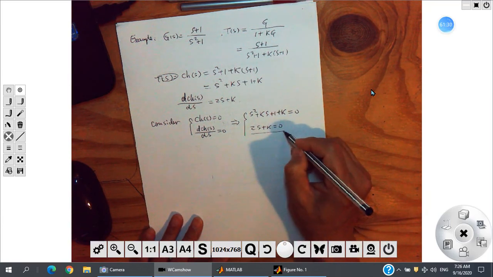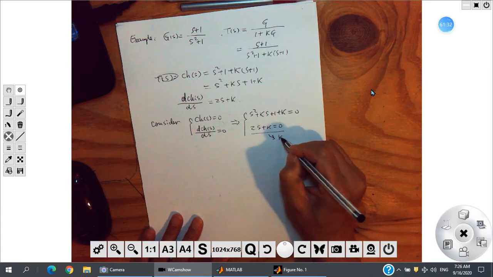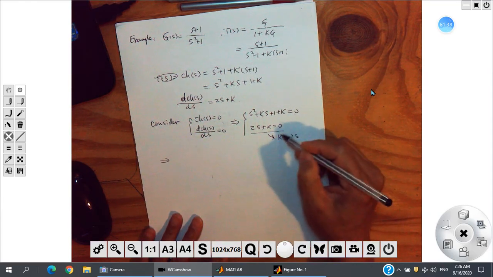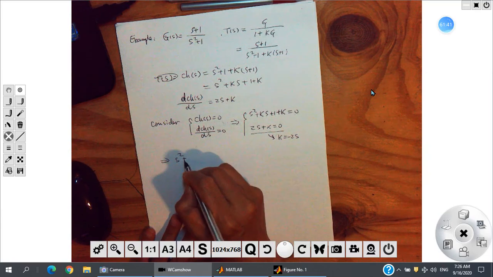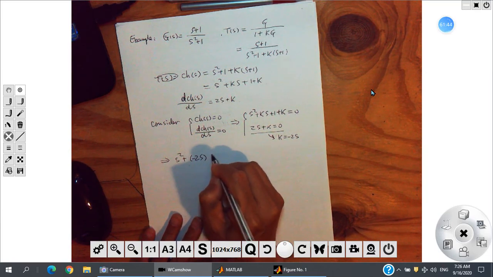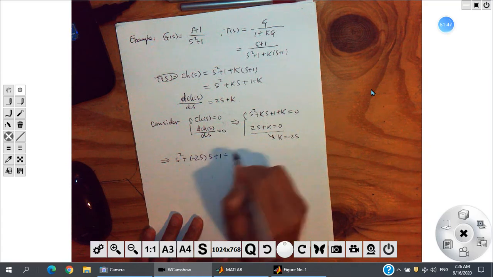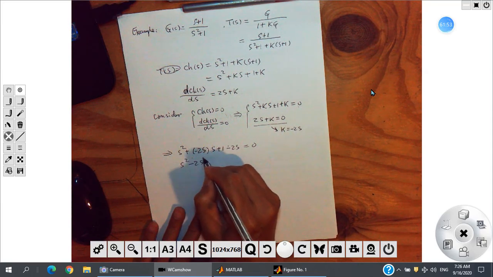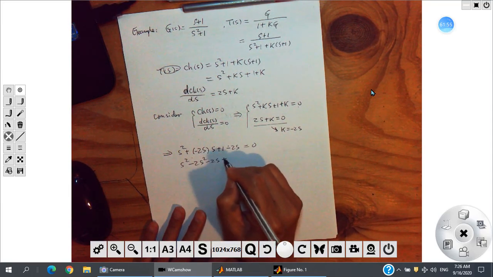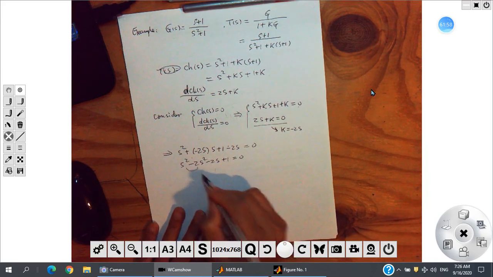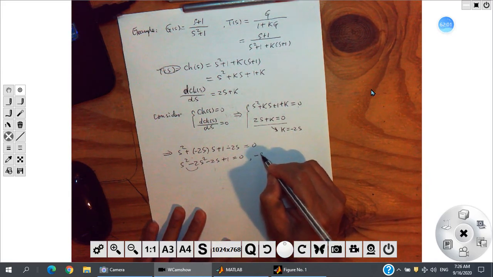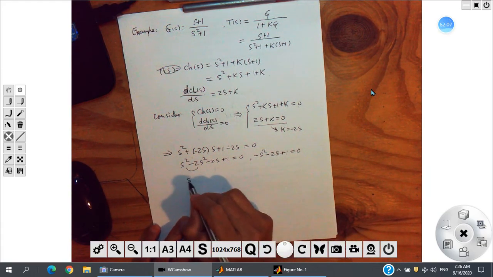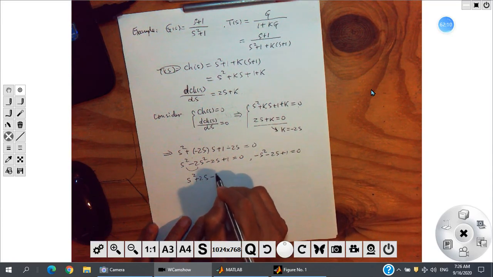This gives us K equal to negative 2s. So we plug this into the first: s squared plus negative 2s times s plus 1 plus negative 2s equal to 0. So this is s squared minus 2s squared minus 2s plus 1 equal to 0. Put together, negative s squared minus 2s plus 1 equal to 0, so s squared plus 2s minus 1 equal to 0.